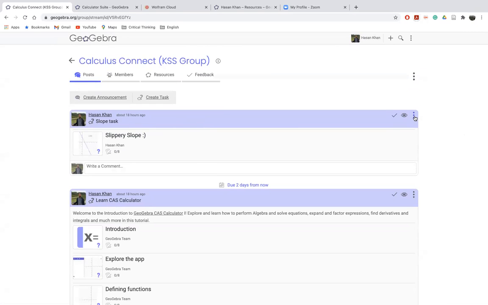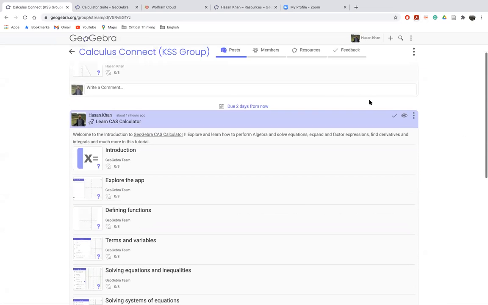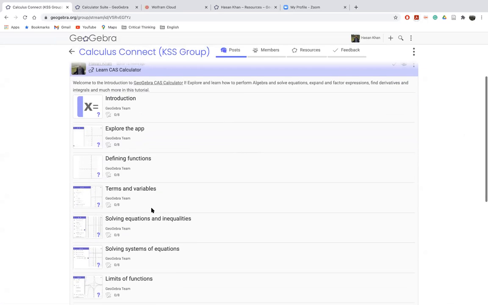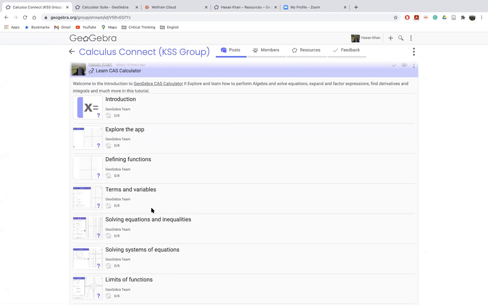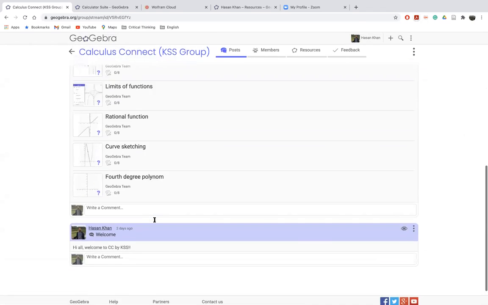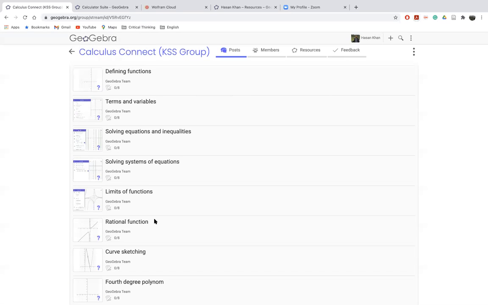And there are also 2 more tasks for you about how to explore the app, defining functions and terms and variables, solving equations and inequalities, limit of functions and rational functions, and so on. This is not really a requirement, but I urge you to spend time and enjoy this activity. This is really going to help you understand calculus further.